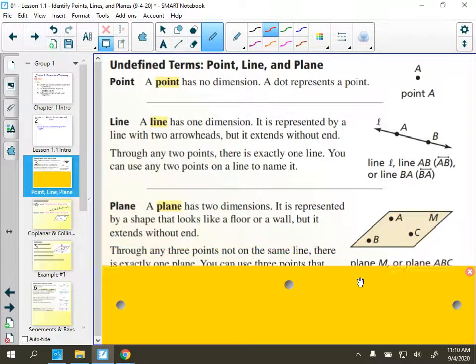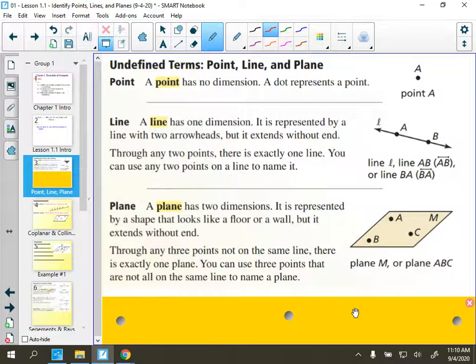Our third undefined term is a plane. Okay, has 2 dimensions, like a length and a width dimension. Great representations for a plane would be a floor, a wall, your desk, a table, your whiteboard. Any flat surface is a good representation.